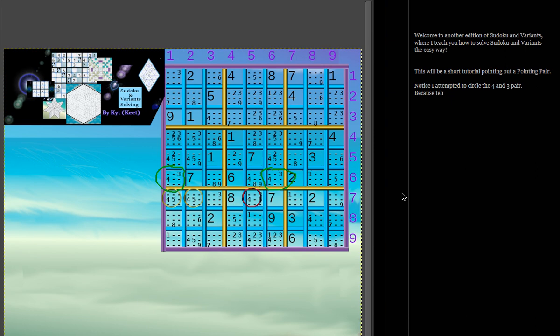Because there is only 2 squares that the 3 and 4 are in, and that only the 3 and 4 are in those 2 squares, we cannot have a 3 or 4 in any other square in the same row, because we would then have a square with no numbers in them.